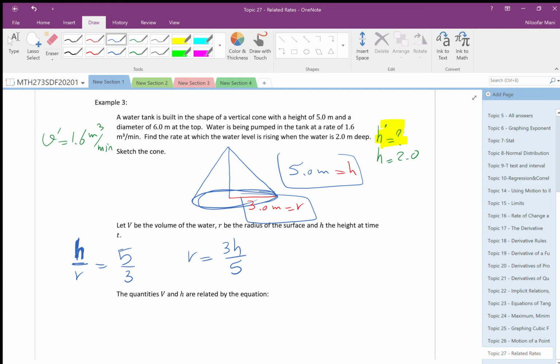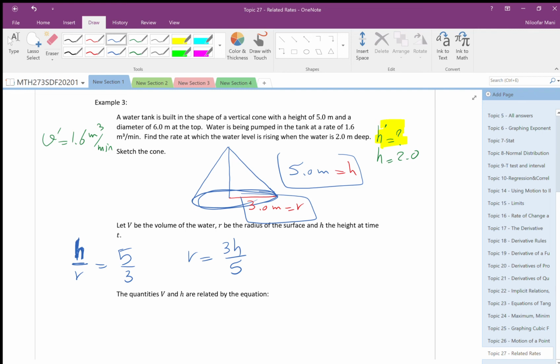And when I write the formula, I can make it easier, and I just substitute. I don't know anything about R prime. It didn't say. So it says you have a vertical cone, you have H, you have R, 5 and 3 meters. V prime is changing, so the volume is changing, and you want to find H prime.